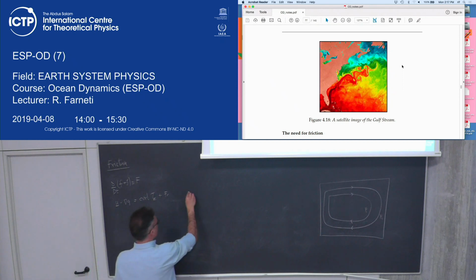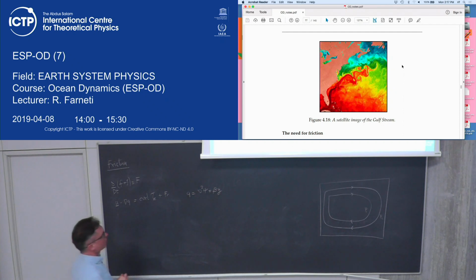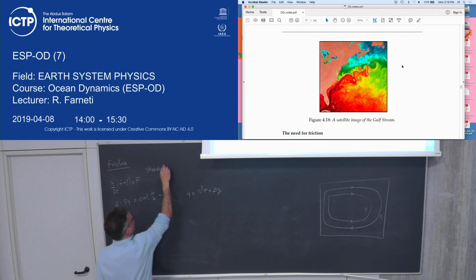Where Q has now been defined to be psi plus beta y. You can plug that in, and you'll see that you will get to this. So this is a steady barotropic flow.